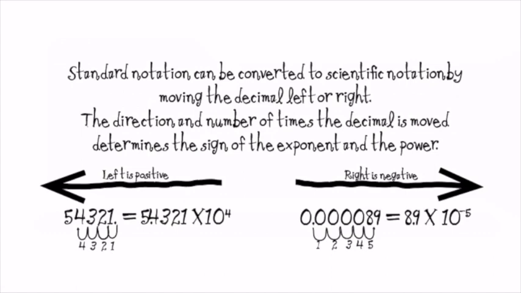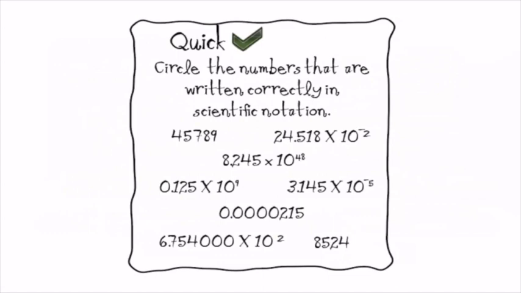The direction and the number of times the decimal is moved determines the sign of the exponent and the power. If you move it to the left, it's positive. If it moves to the right, it's negative. So circle the numbers that are written correctly in scientific notation. Pause the video here and write the ones that are correctly in scientific notation.